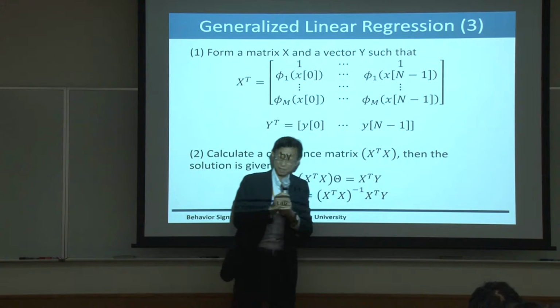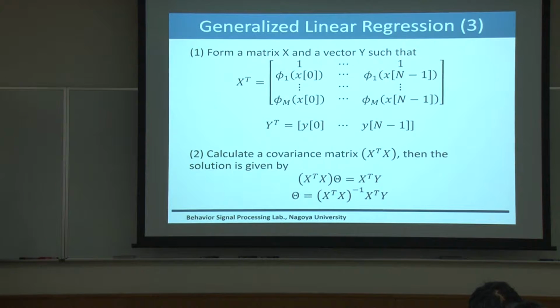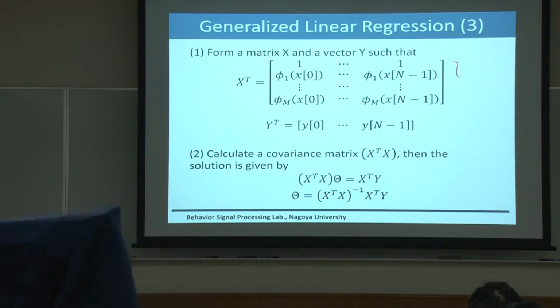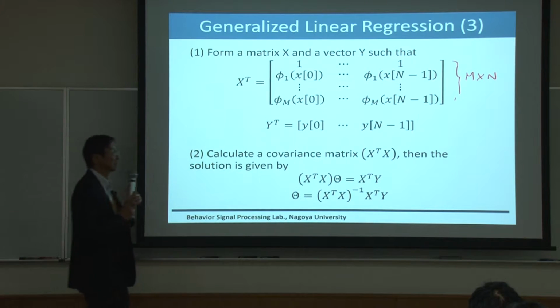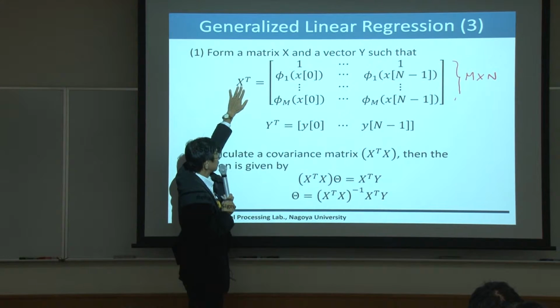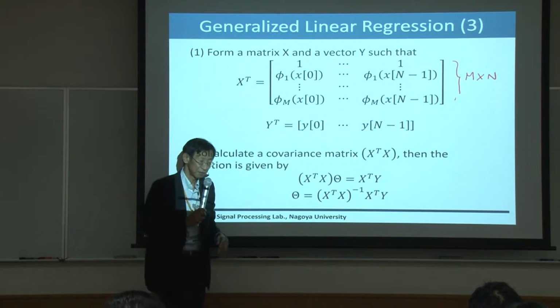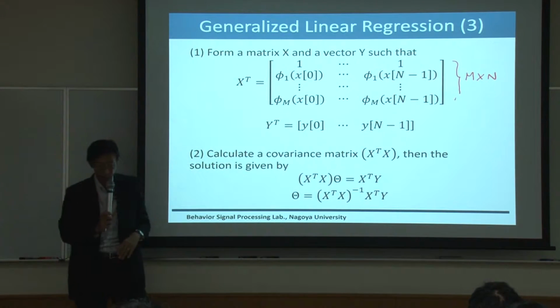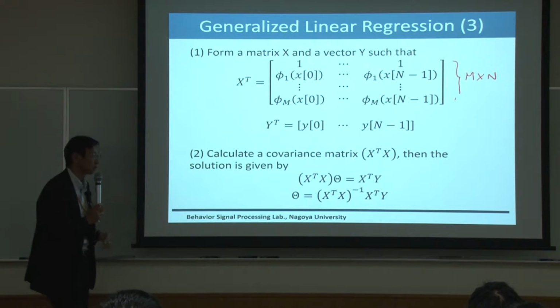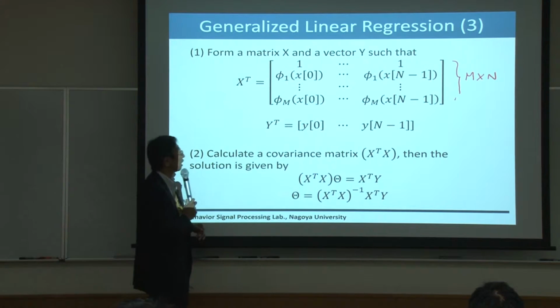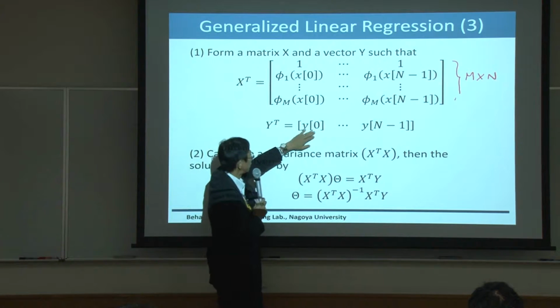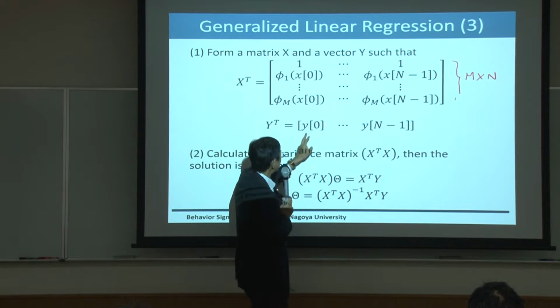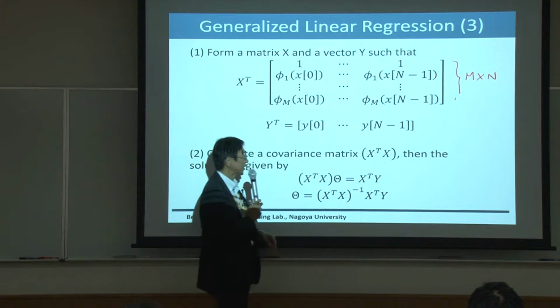So this is a simple matrix which has a size of M times N. It is actually the transposed form, and if you calculate the transpose of this, you have quite the same relation that we saw in the previous slide. And here's the y. Y is simple. It's just one line from y0 to y n minus 1.